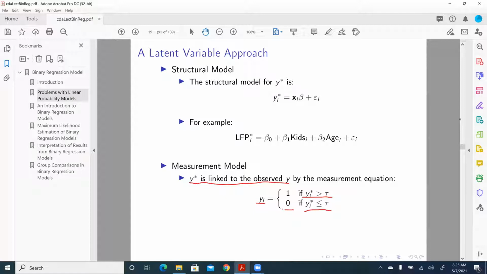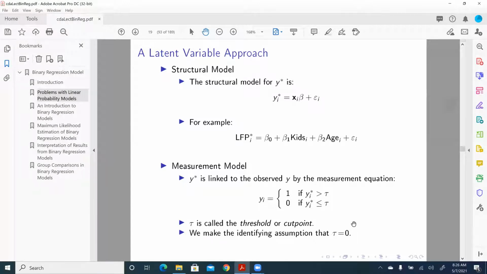Fair enough. So y star is kind of a propensity. It's on a continuum. When it hits a certain threshold, it's going to change its state. And tau is called the threshold or cut point, a pretty commonly used term in categorical data analysis.